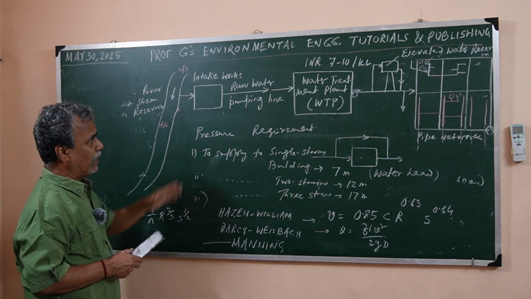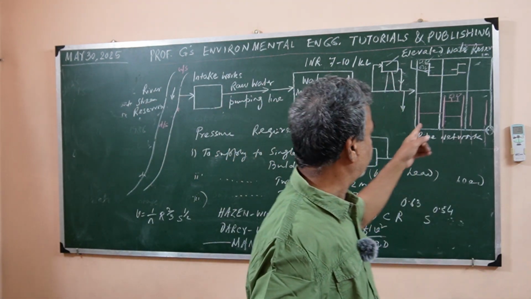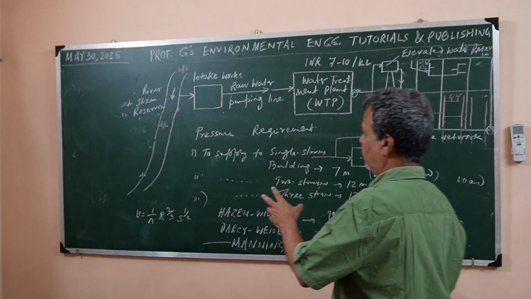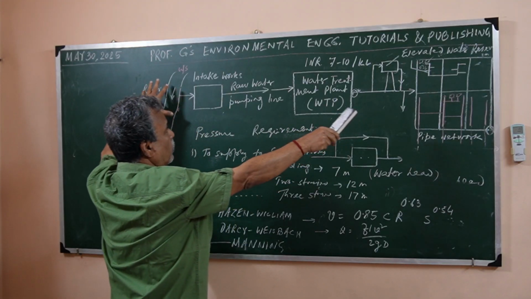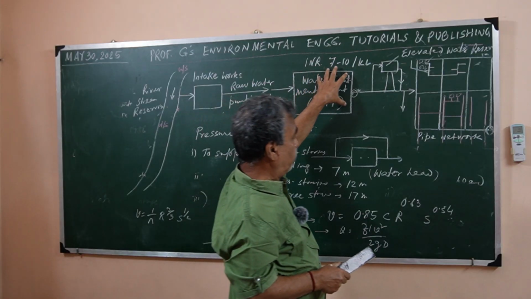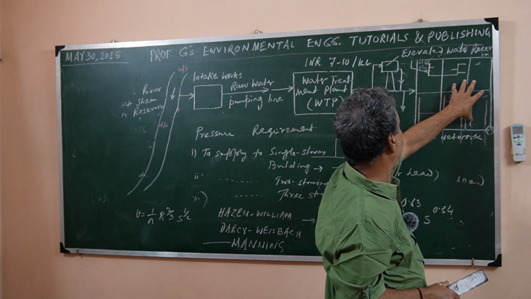Now the leftover parts of the water supply scheme. Here I have explained the overall flow diagram of the water supply schemes, starting from collection through treatment and ultimately the supply to the distribution system.